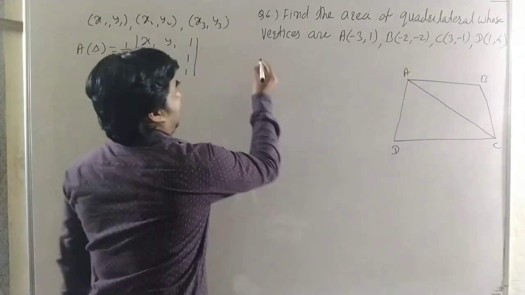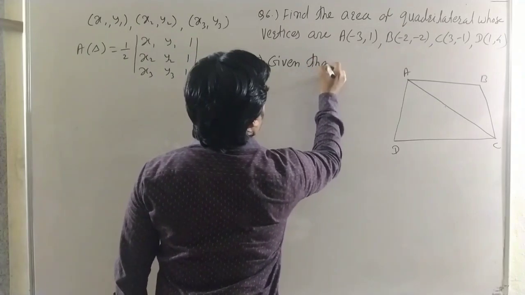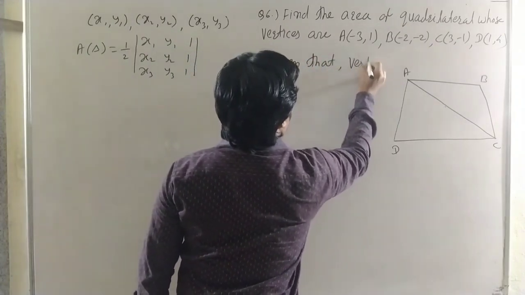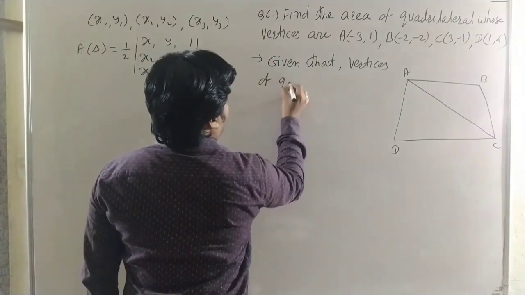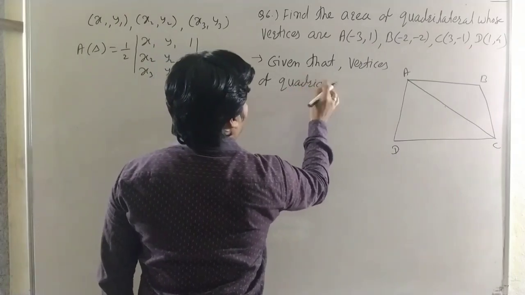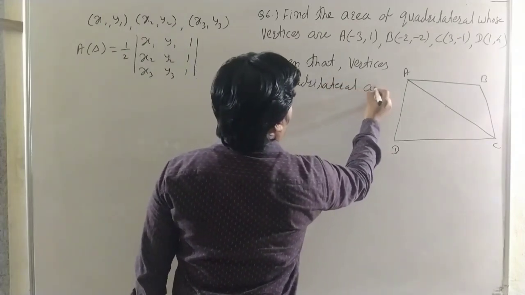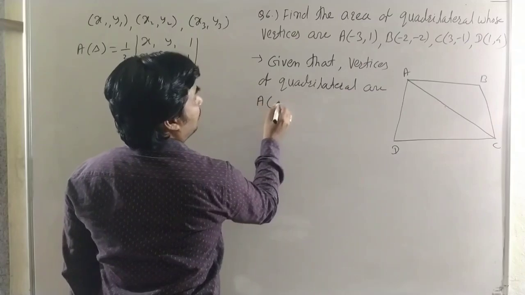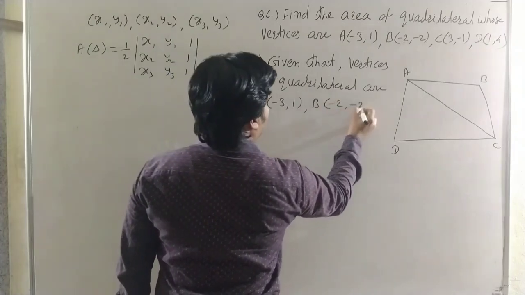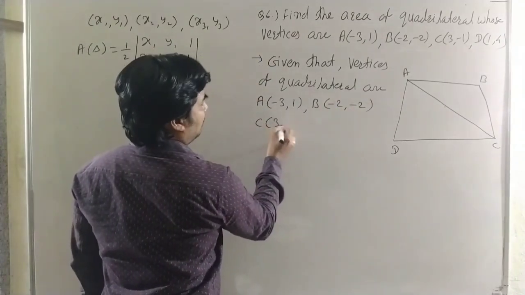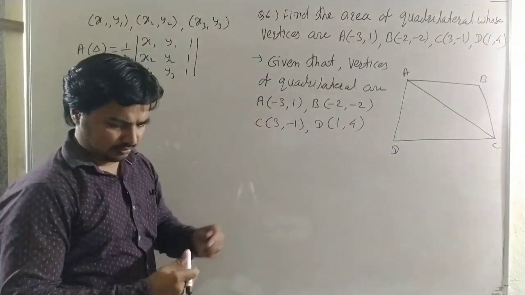Now, given that the vertices of the quadrilateral are A(-3, 1), B(-2, -2), C(3, -1) and D(1, 4).